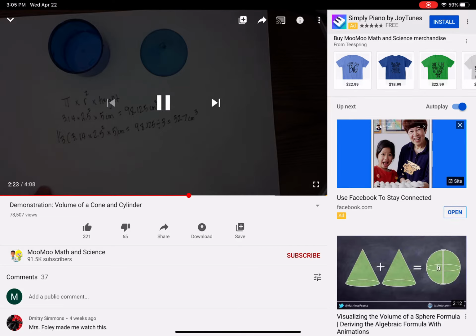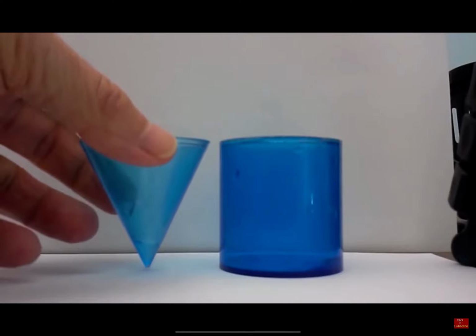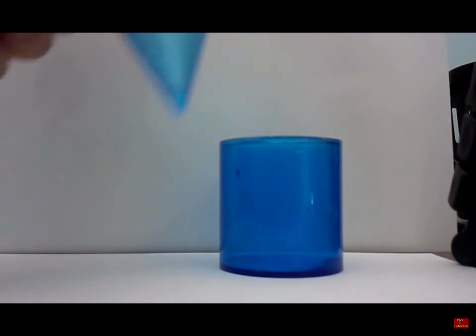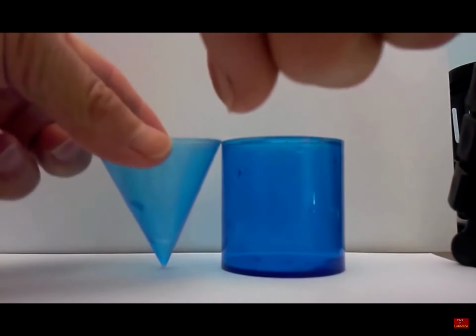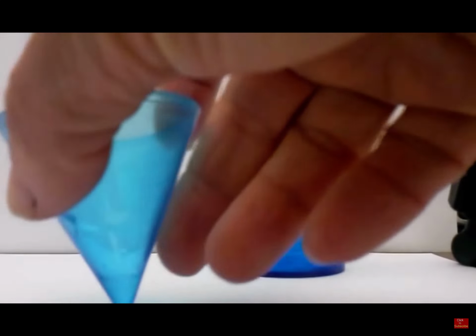We can prove that. Now that we've worked out the formula and we see mathematically that it takes 3 cones to fill up one cylinder that have an equal base and an equal height, let's go ahead and fill them up with water and see if this actually works out.